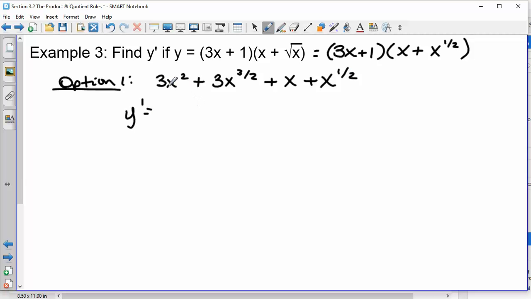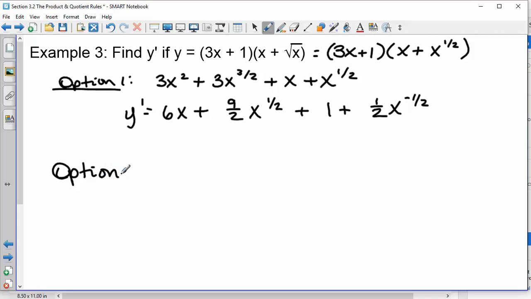So then your derivative would become 6x plus 3 times 3/2, so 9/2, x to the 1/2. What's the derivative of x? 1 plus 1/2 x to the negative 1/2. Okay, so that's option one. Multiply it out. If it's just two binomials, I recommend this option. It's probably going to be a little faster for you.